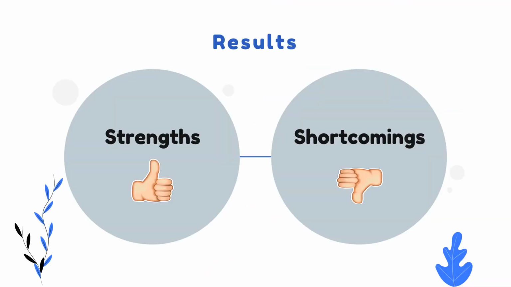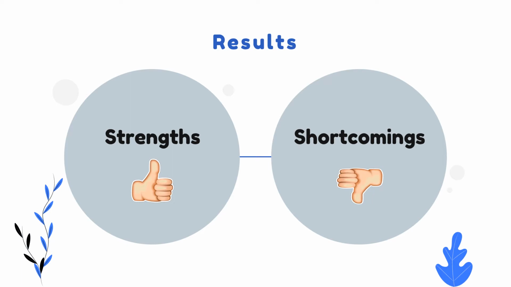So after conducting the analysis, developing this criteria, the results could be divided into main categories. First, the strengths, and then the shortcomings. However, it is very, very important to understand that some strengths may represent a shortcoming depending on the view we have of language learning, the context we are going to implement the app, the users.